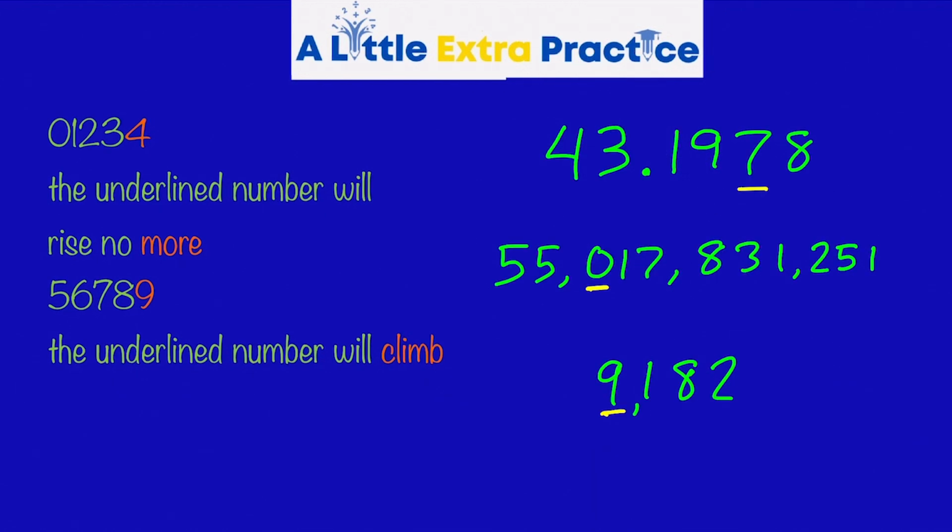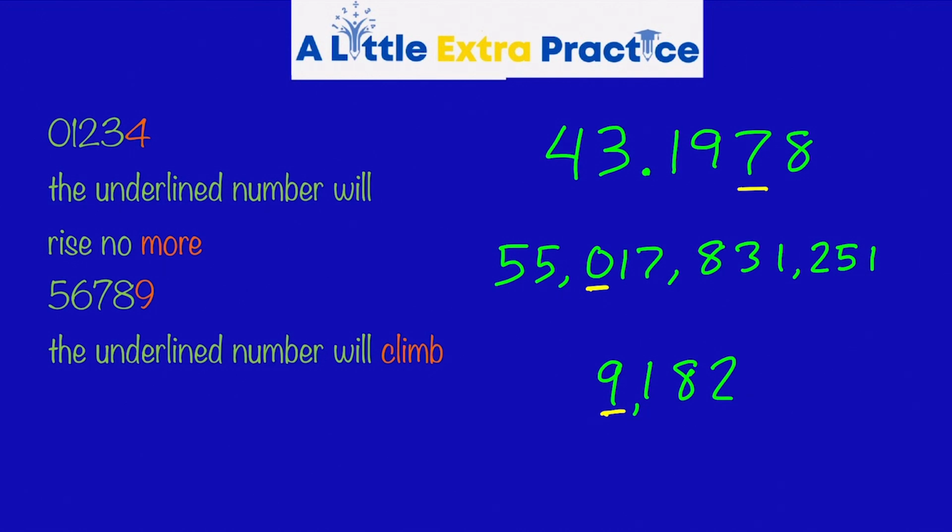To illustrate what I said in the last slide, it doesn't matter how large the number is or how small the number is, the rounding is the same. So I have some extreme numbers here. The first one, 43 and 1,978 ten thousandths, and we're rounding it to the nearest thousandth.